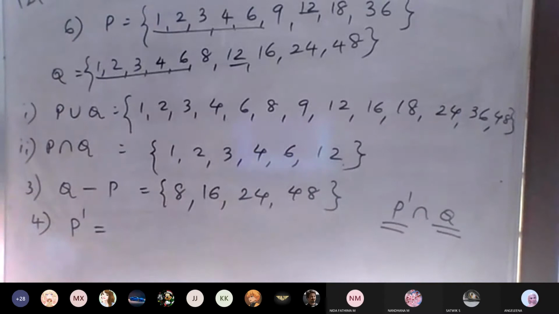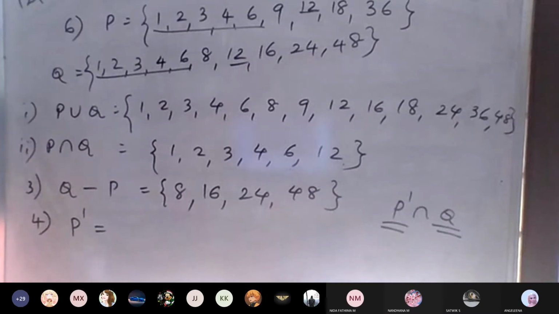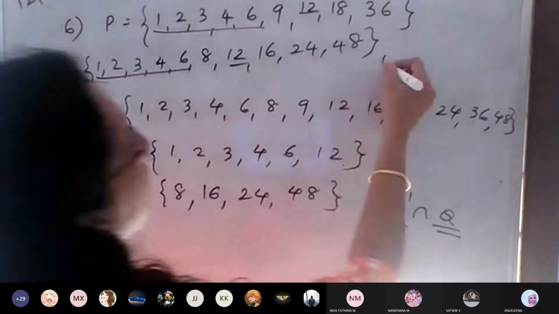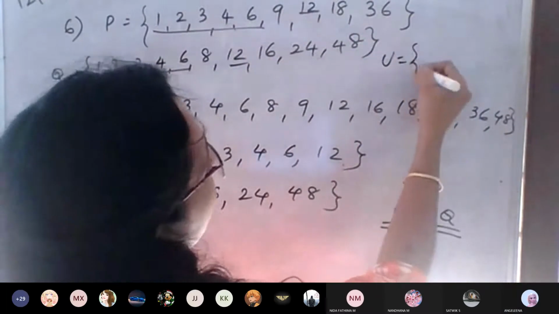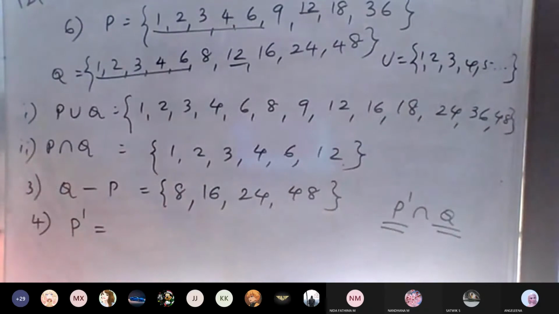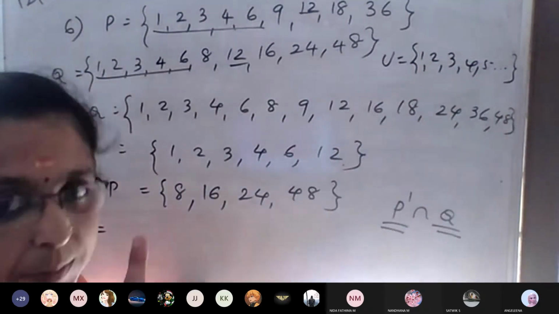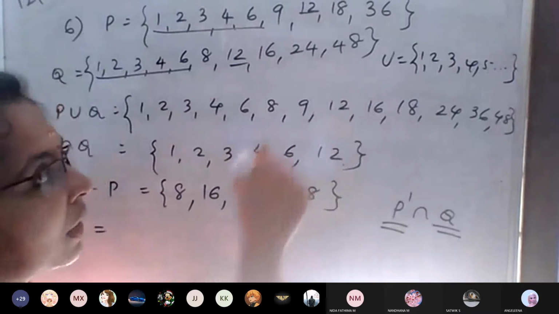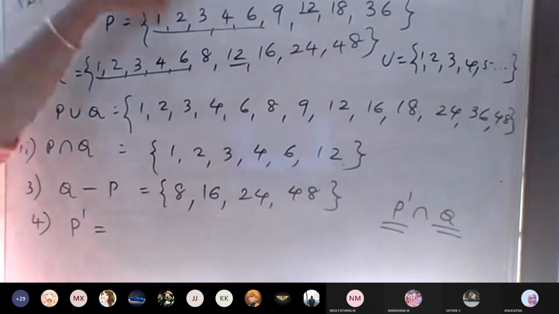P complement means elements which are not in P. Think of the elements which are not in P. Universal set means all the elements, 1, 2, 3, 4, 5, 6, etc. P complement means elements which are not in P, but it should be in the universal set.